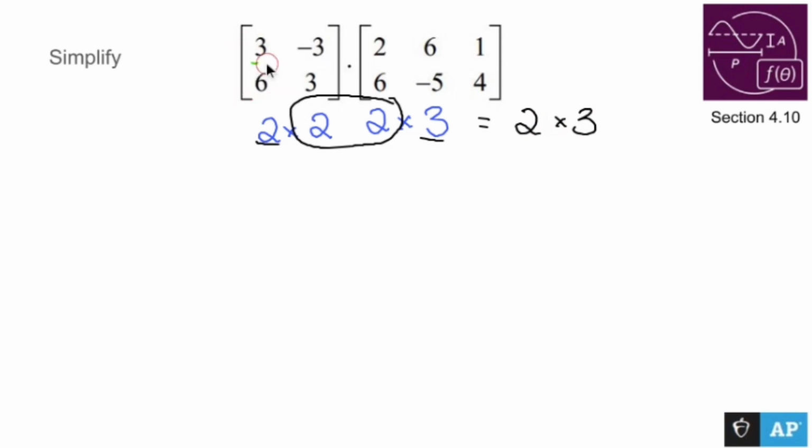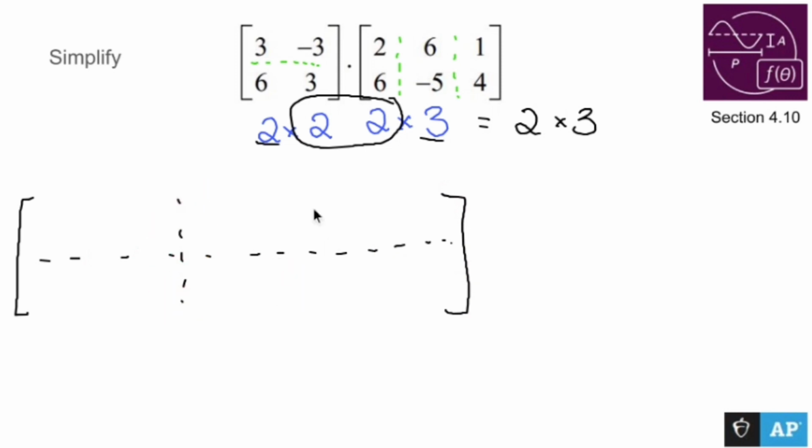Split the first matrix up by rows and the second matrix up by columns. Now I will show all of my work for this one. I'm not going to guarantee that I'm going to show all of my work for every single matrix problem, but I am for this one. So we are going to end up with a 2-row, 3-column matrix. Now you multiply elements of the corresponding row-column combination.